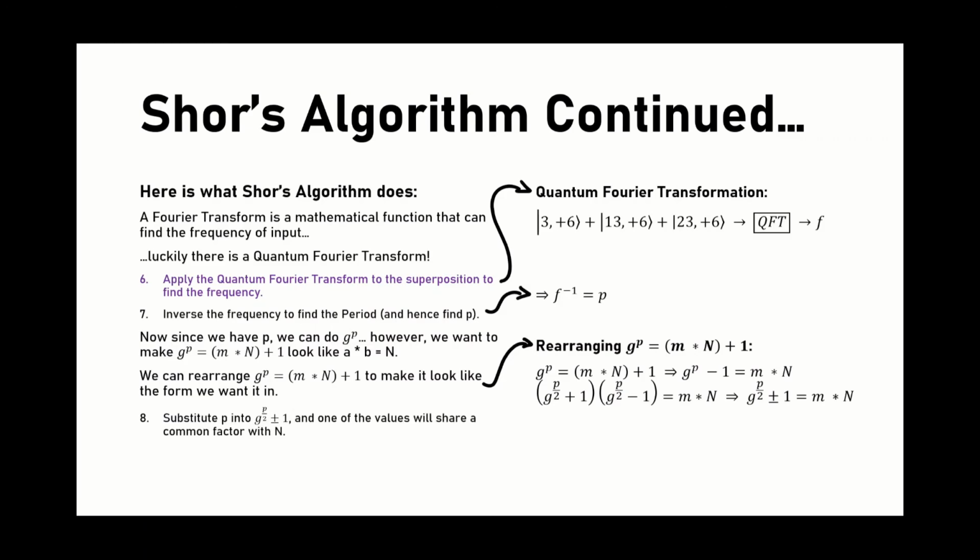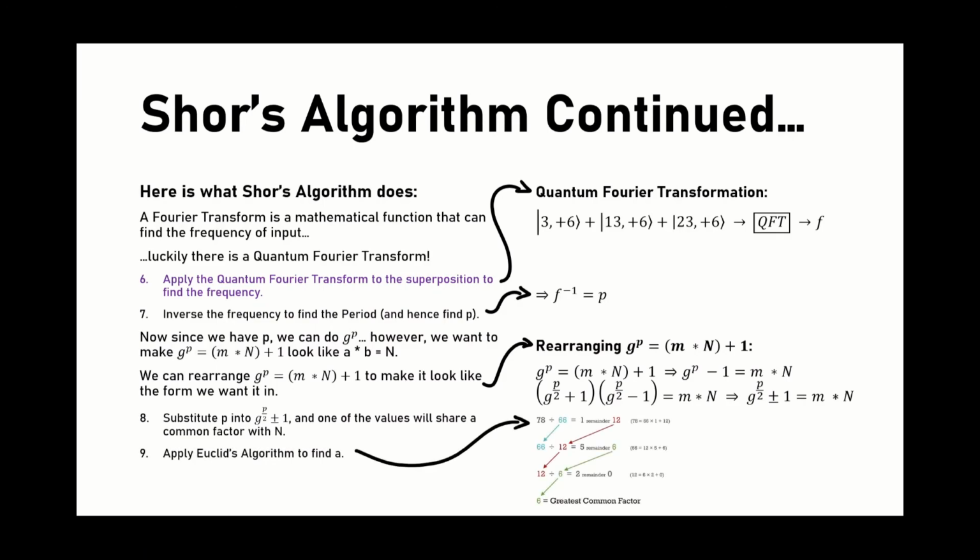And then we substitute p into g^(p/2) plus or minus 1, and one of the values we get will share a common factor with n. So we use this value and we apply Euclid's algorithm to find a.